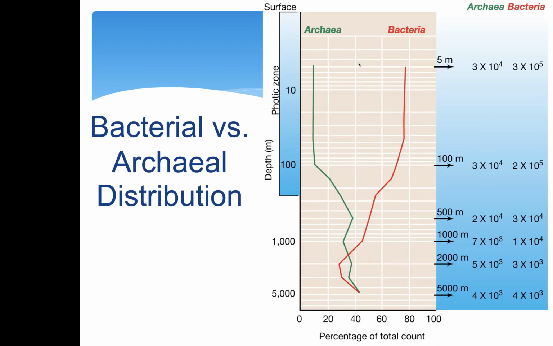Incidentally, this 100-meter mark is often associated with that photic zone that I was talking about in terms of the penetration of light. Below 100 meters, it gets very dark. And that's in the open ocean. In shallower or coastal waters, the photic zone often doesn't penetrate as far.